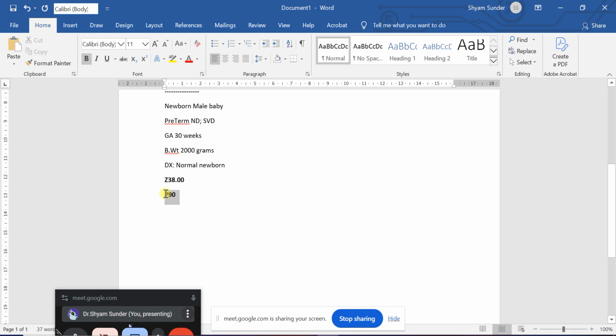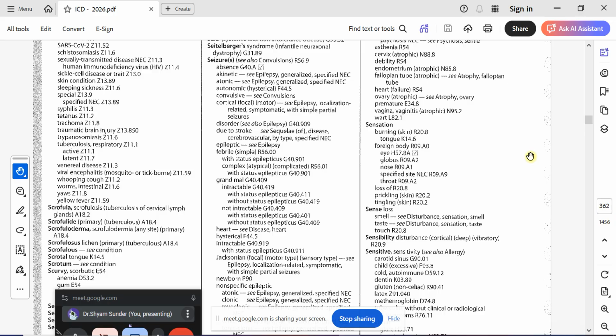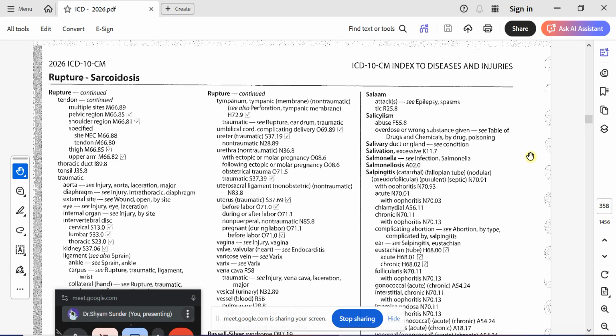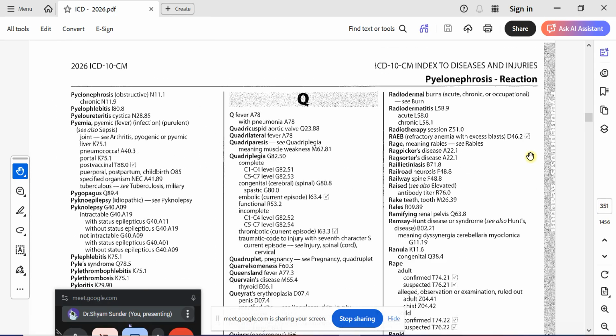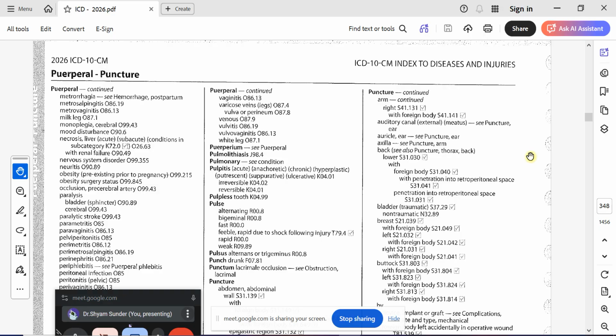But now, what is the problem with the patient? The baby is preterm. Now you have to go to your main term, which is preterm. We have codes for preterm babies. Can you try? Your main term is preterm.